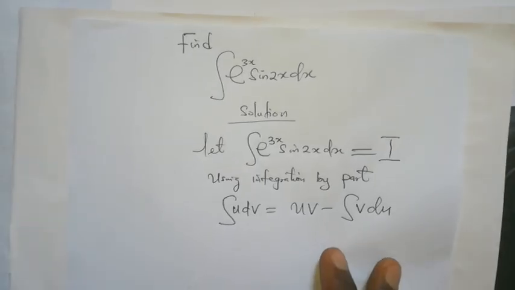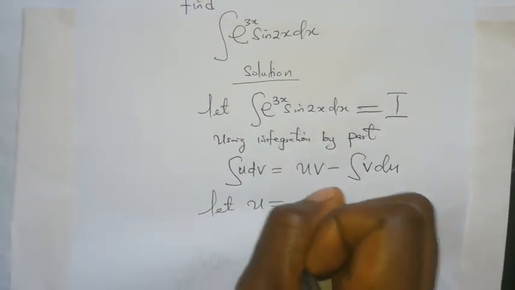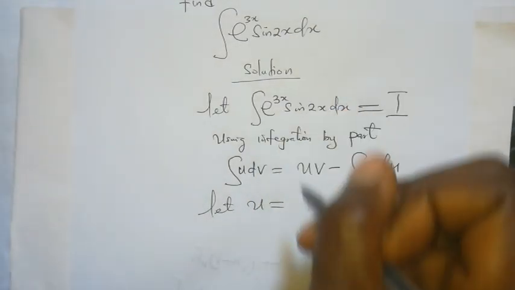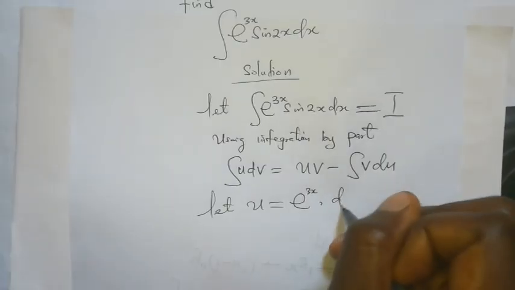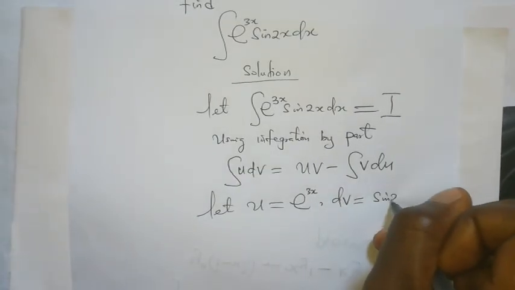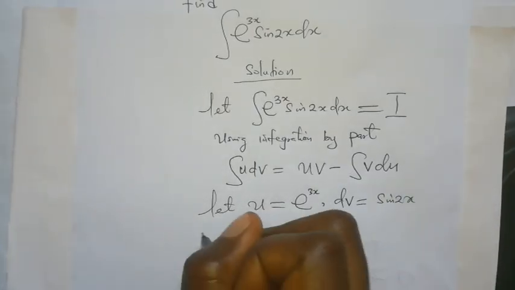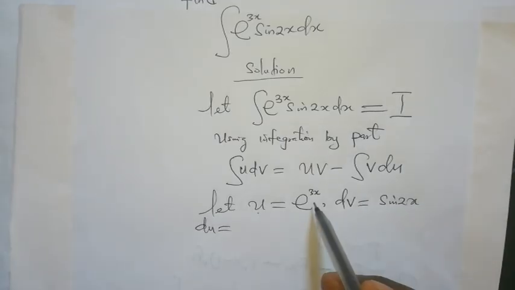So we are going to say let u be equal to e to the power of 3x, and our dv will be equal to sine 2x. So du, we differentiate u with respect to x.